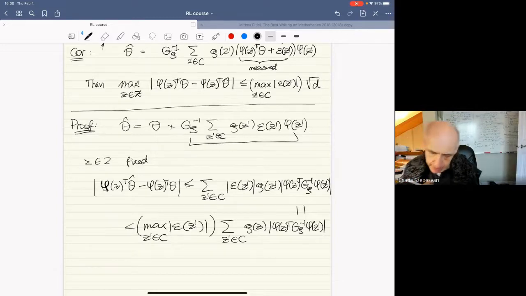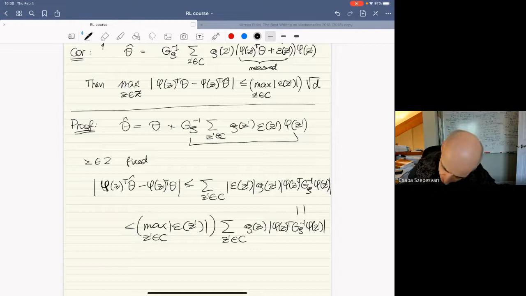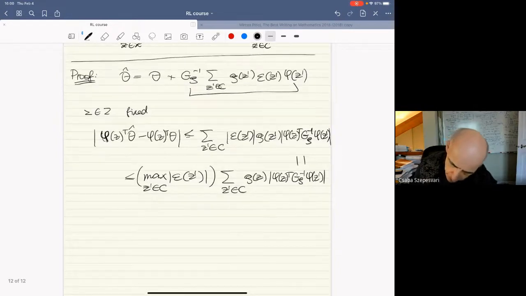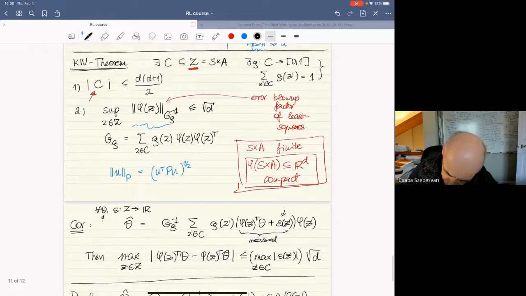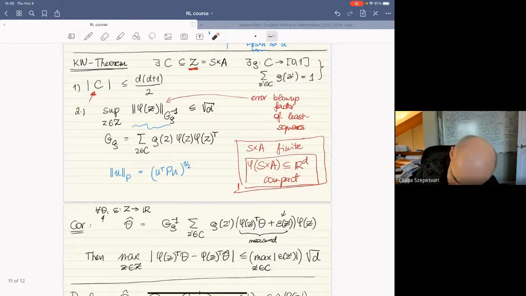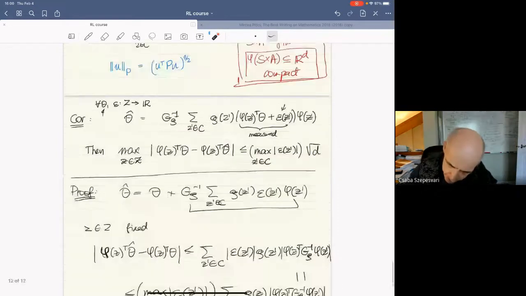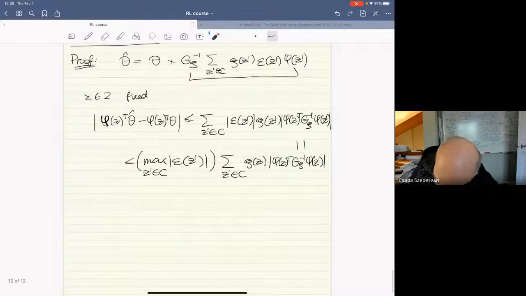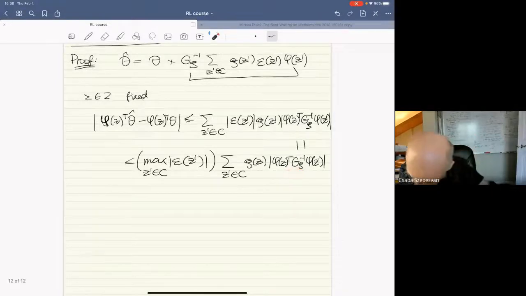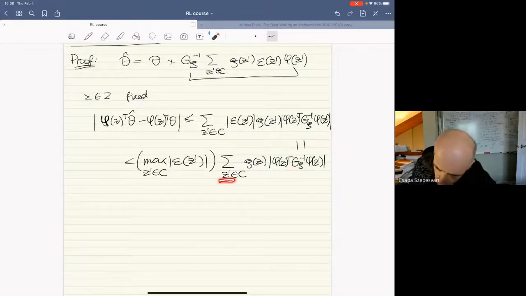All right, and now recall the definition of G of rho. So this moment matrix is defined as this sum, and so it would be nice to cancel this. And we have this G of rho here, and we have this sum over the z primes.